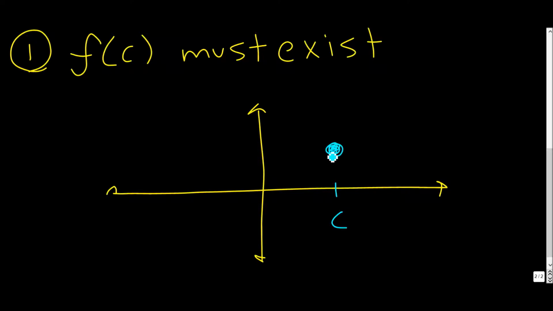There has to be a value of that function at that place. That has to be true first and foremost. So anything outside of the function's normal domain can't work. It's not going to be continuous.